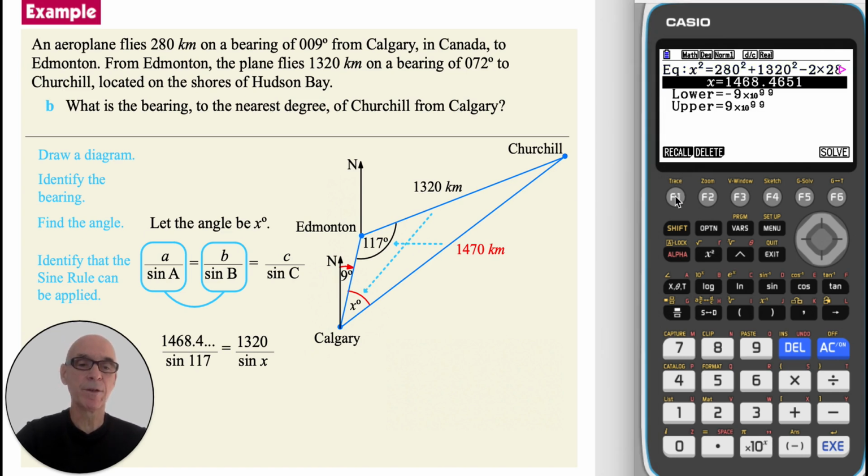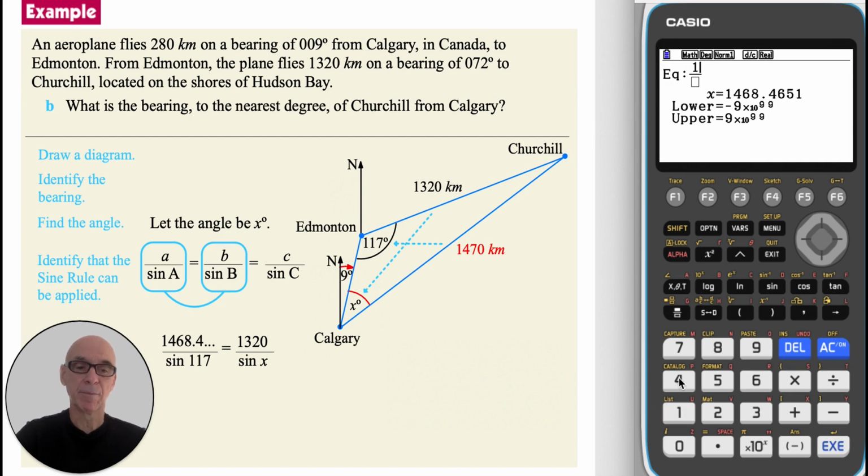Pressing F1, repeat, and scrolling up to the equation line and typing in the new equation, starting by pressing a fraction, 1468.4 for the numerator, scrolling down, pressing the sine button, and 117 for the angle, pressing the right cursor to come back up, pressing shift to access equals, pressing the fraction button a second time, entering 1320 for the numerator, scrolling down and entering sine, and then pressing the X variable button.